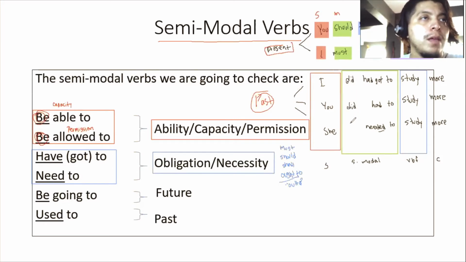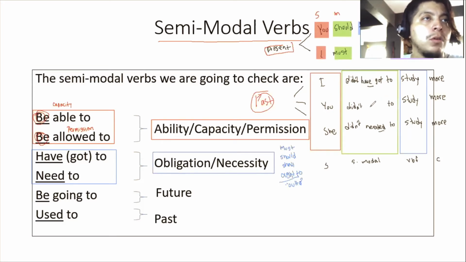Do you remember that? We never use it in affirmative, but when we have a negative, did takes the negative. Didn't. And what happens when I use the auxiliary? Very simple. When you're using the auxiliary, the verb doesn't need to be in the past.